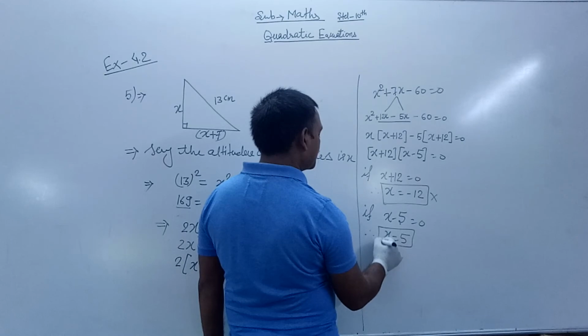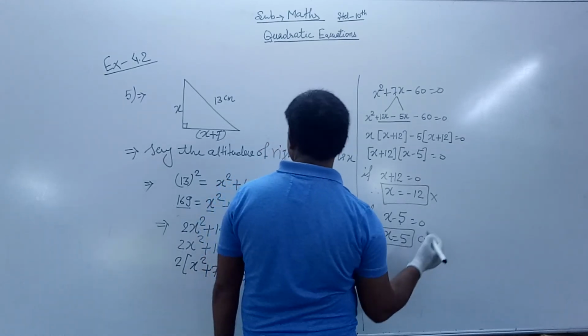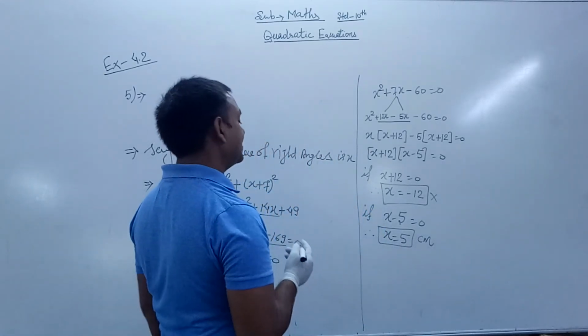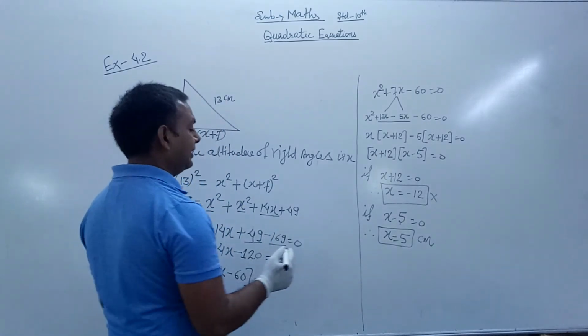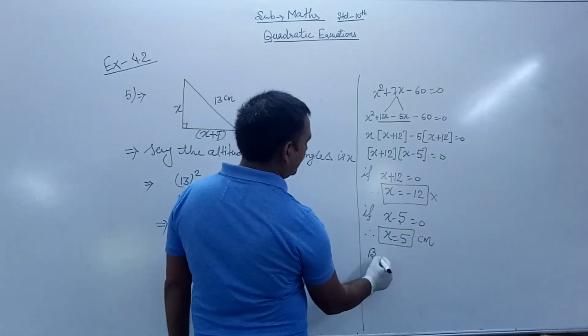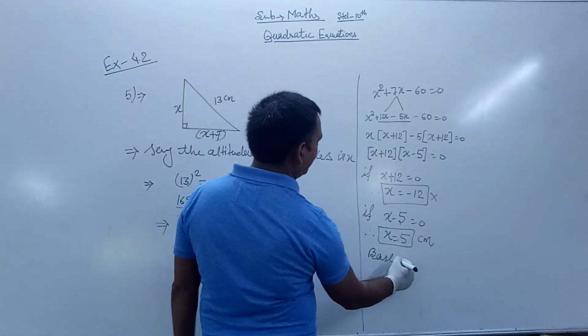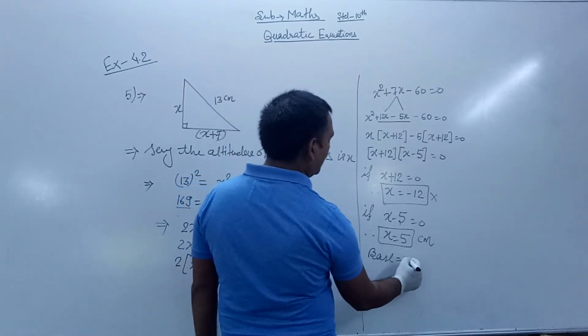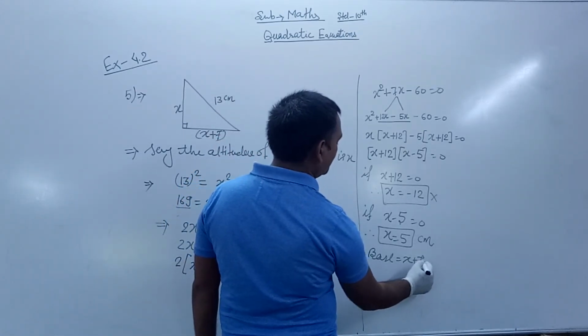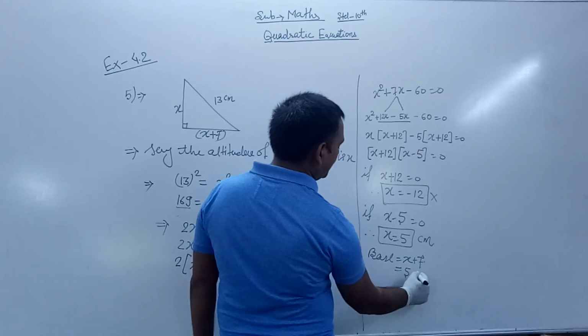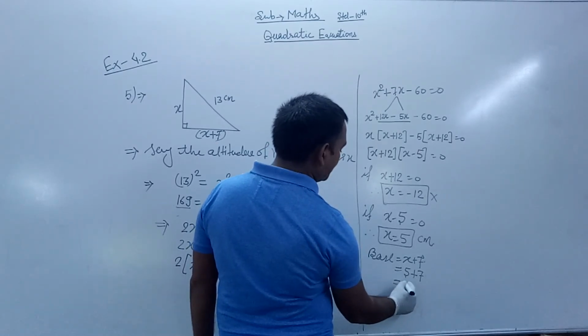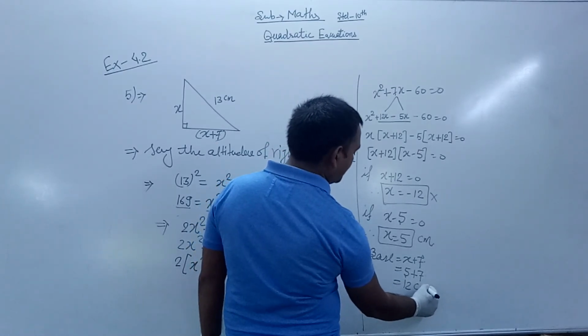So this is 5 centimeter. It means the altitude is 5 centimeter, and the base of the triangle is x plus 7, so 5 plus 7 is equal to 12 centimeter.